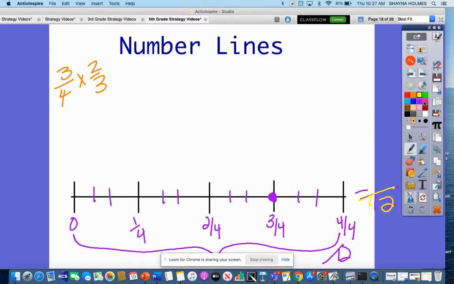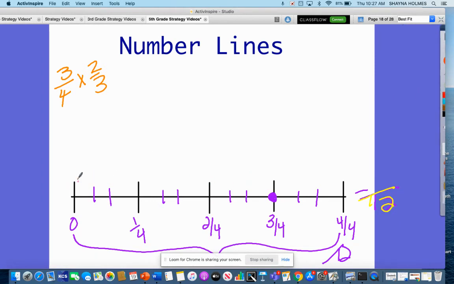But in order for me to find the value of 2/3, I'm going to look at just what pieces I have here. I have 1, 2, 3, 4, 5, 6, 7, 8, 9. I have 9. So the equivalent fraction for 2/3 would be something over 9. I think that's 6/9.